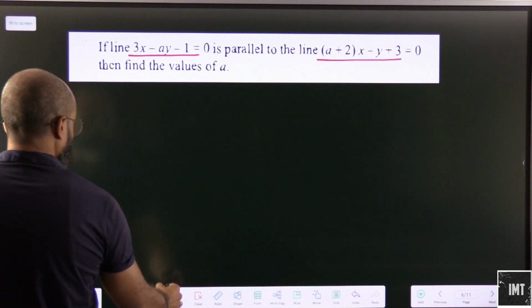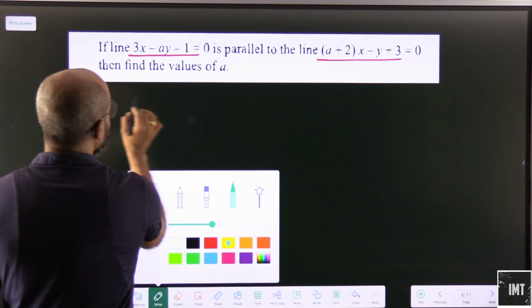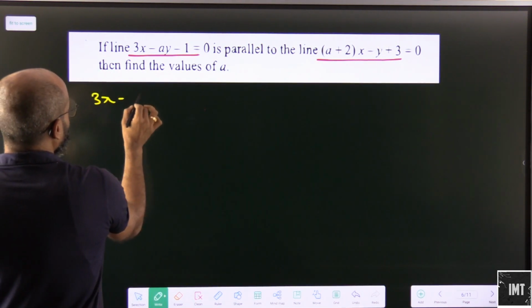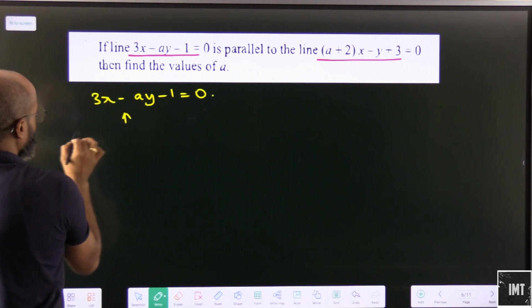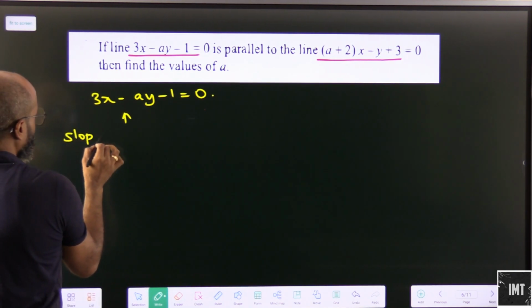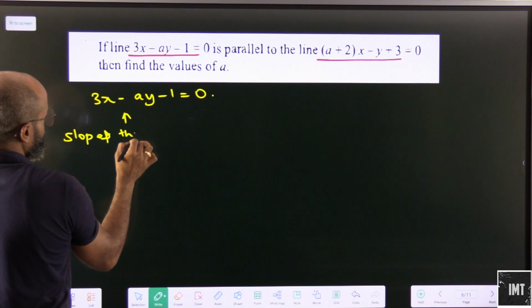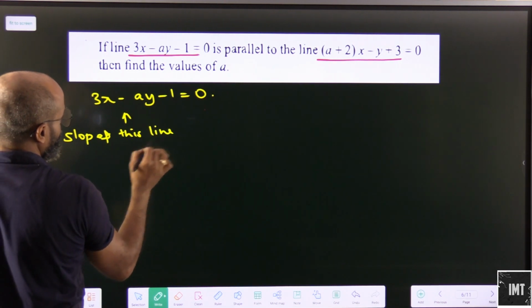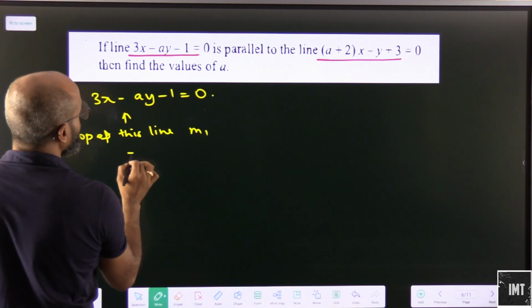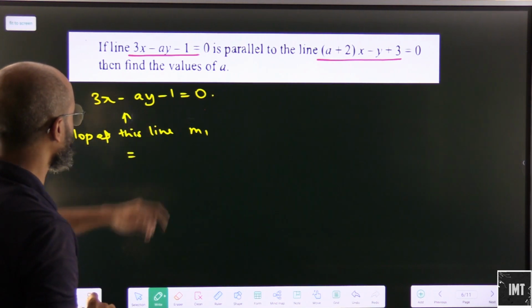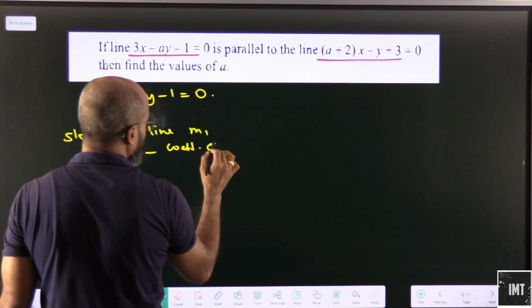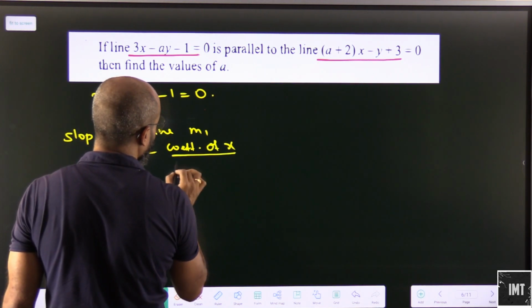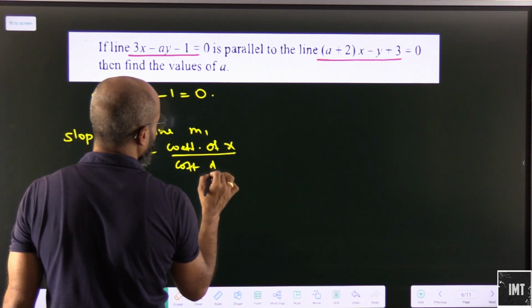So if I take this line, 3x minus ay minus 1 is equal to 0, the slope of this line, let's say m1, will be equal to minus coefficient of x upon coefficient of y.